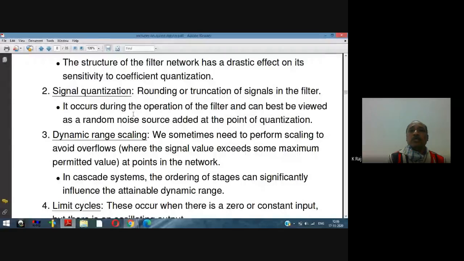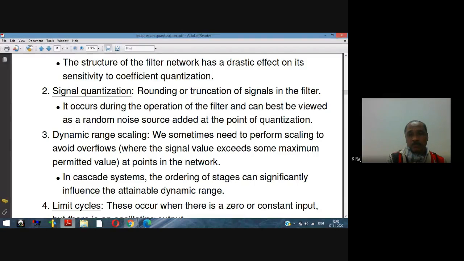Now the signal quantization: whatever signal has to be processed has to be processed through finite precision arithmetic and computational elements. So there is a need for signal quantization, and at the same time a need for the representation of the dynamic range.